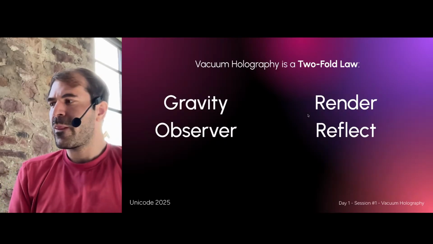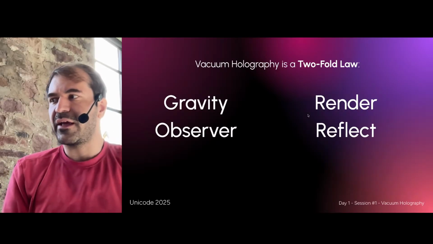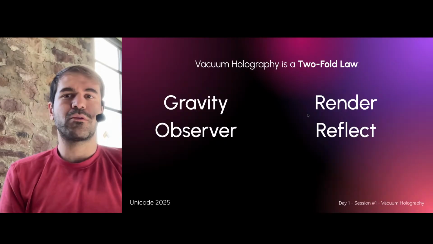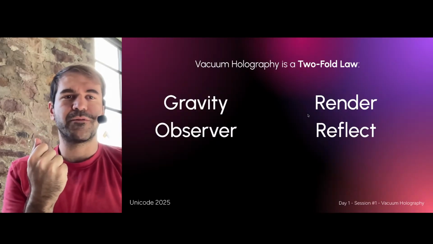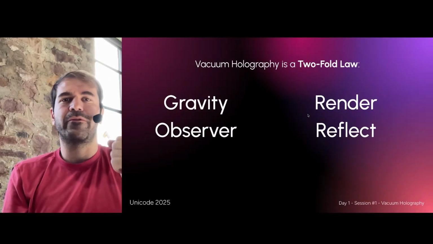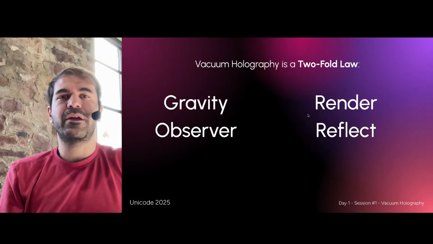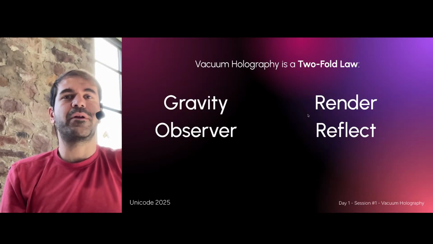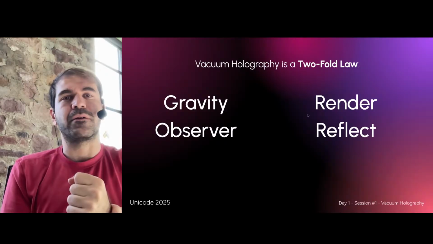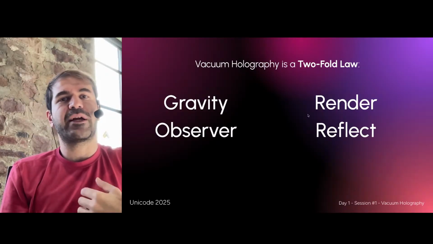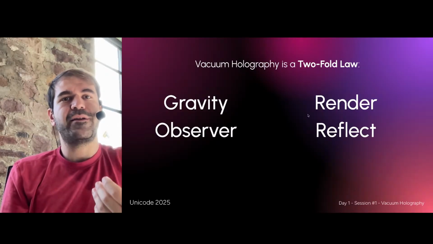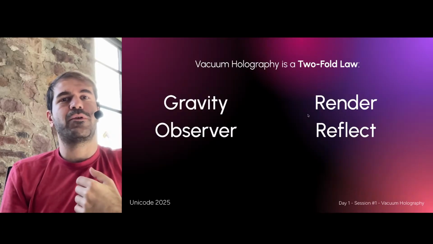Okay, great. So again, vacuum holography is a twofold law. We have a gravitational observer and we have the rendering and the reflection. A rendering and a reflection, this is very important. The reflection appears like a reflection of your identity. It comes as a reflection of your quantum state.